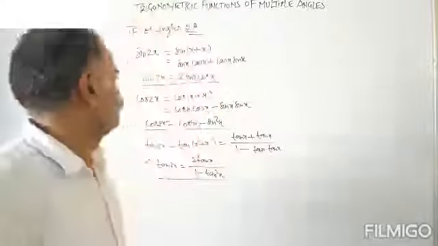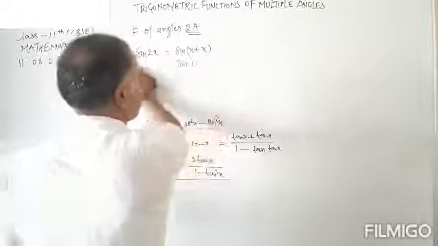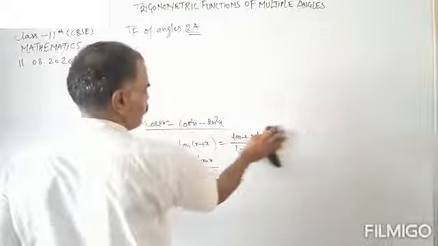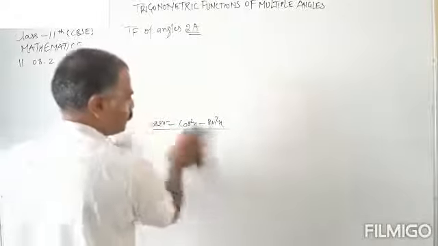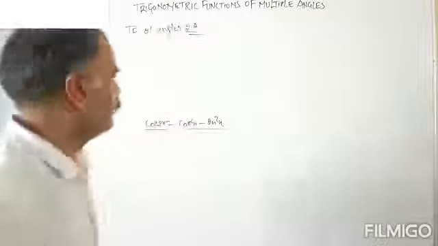Now we will find the various forms of cos 2x. Cos 2x is equal to cos square x minus sin square x.